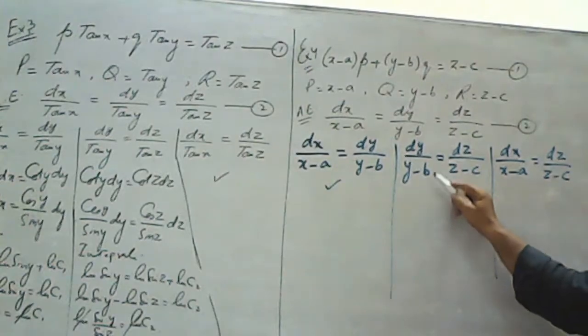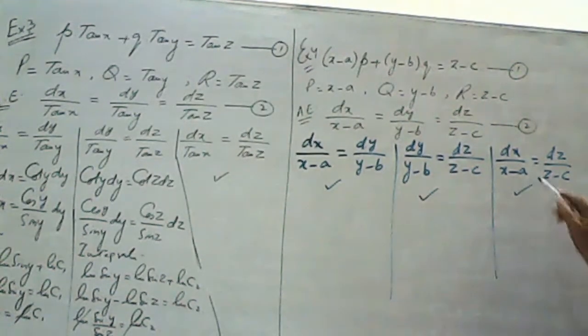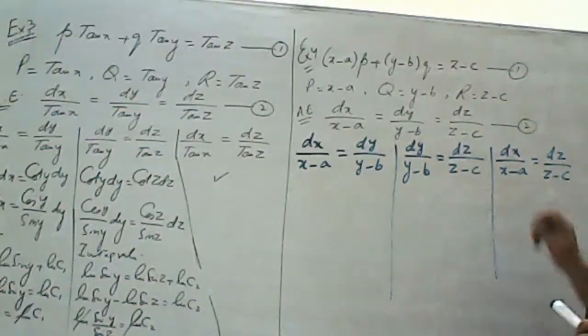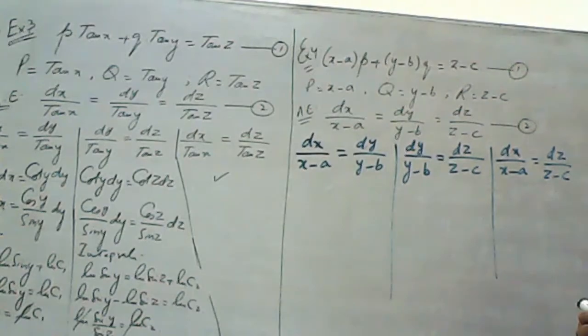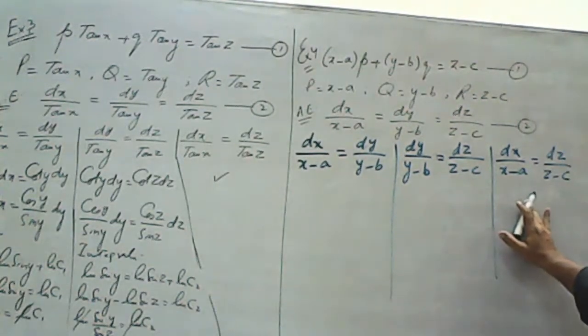Similarly here, x is missing, so the pair is solvable, and y is missing, so the pair is solvable. Again, all three pairs are solvable, so it simply means you can solve any two pairs. And again, these are the cases of separable variables. So this time let me solve this and this pair.